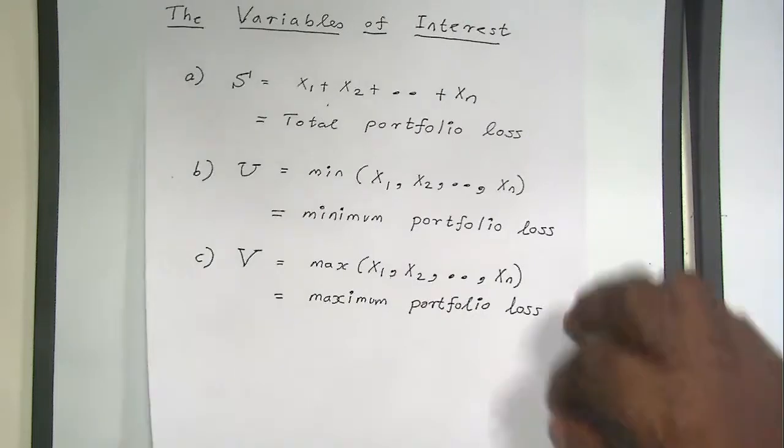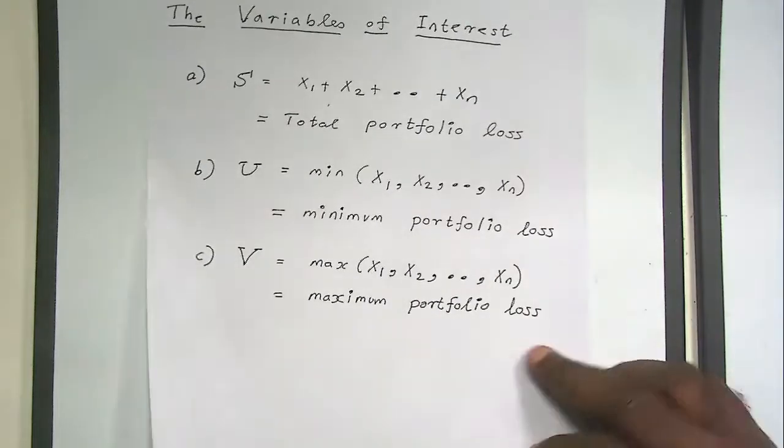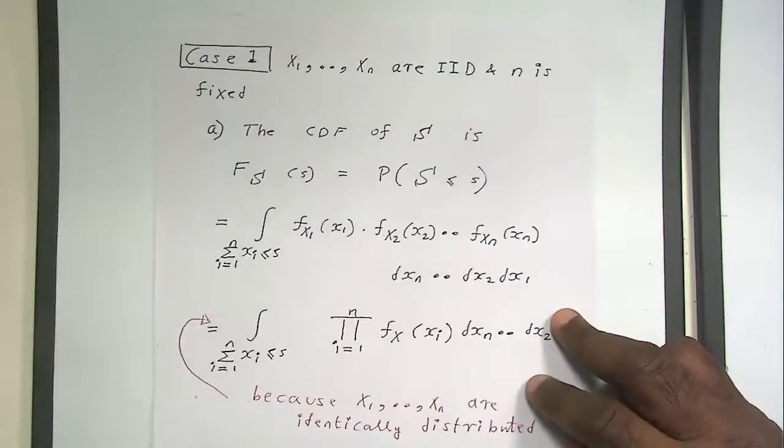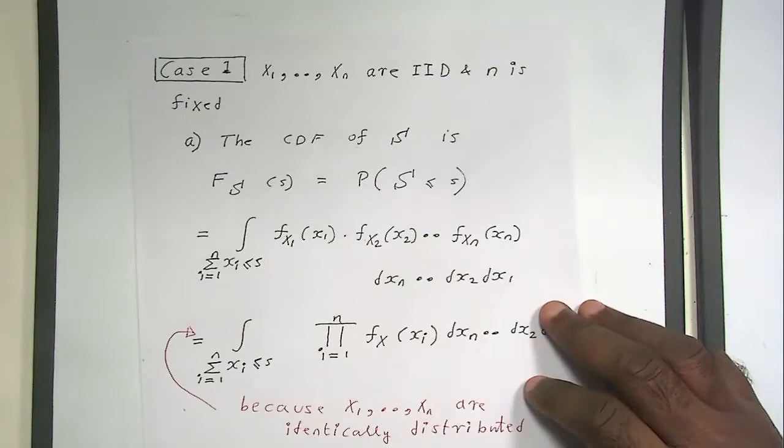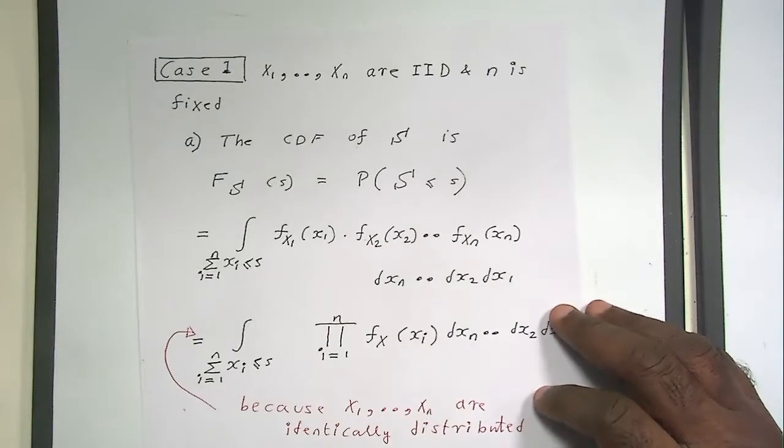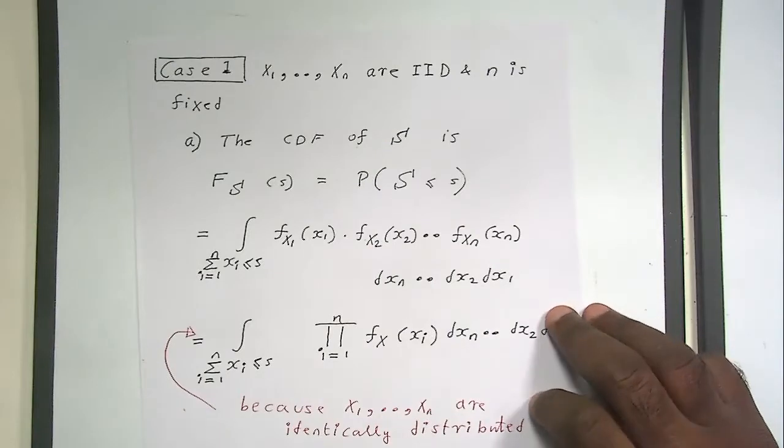So these are 3 variables of interest. Okay, and then I considered case 1. The purpose here is to derive the distribution of the 3 variables S, U, and V for the 6 different cases. So I started with case 1.